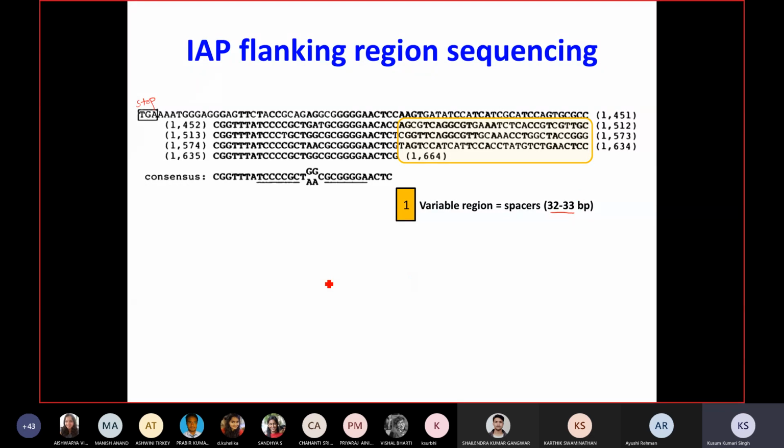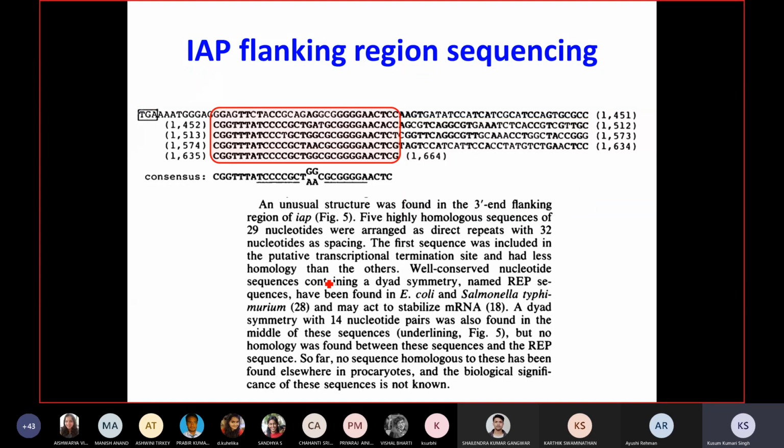Now the authors, at the end in the discussion section, mention that an unusual structure was found in the 3' end flanking region of the iap gene. Five homologous sequences of 29 nucleotides were arranged as direct repeats with 32 nucleotides as spacing nucleotides.